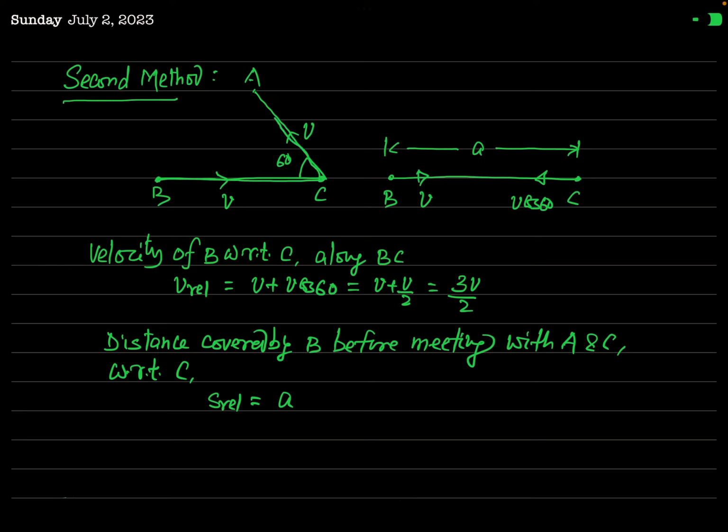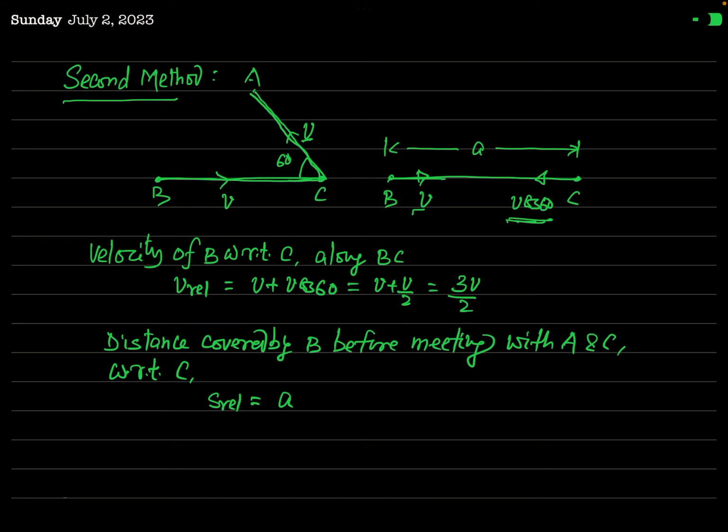You can take the projection of this velocity V of particle C along the line CB, and that projection will be V cos 60. So now you can think that there are two particles. The problem is changed here: first particle B is moving towards C with velocity V, and particle C is moving towards B with velocity V cos 60.